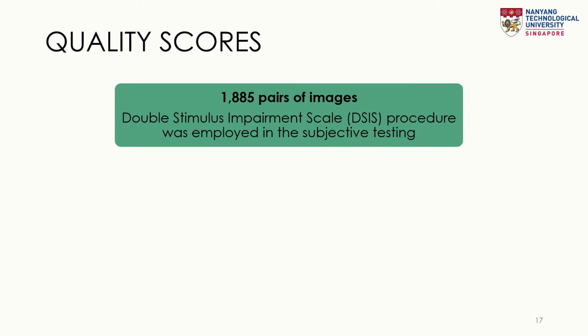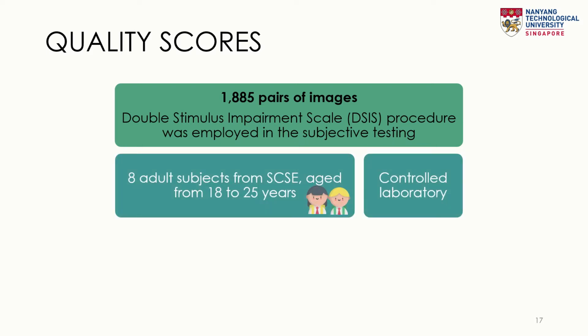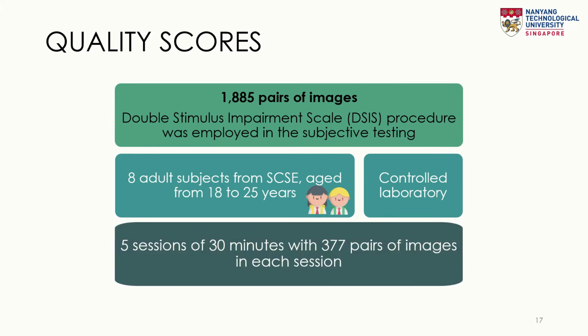With a total of 1,885 manually curated stylized images, a double stimulus impairment scale procedure was conducted in the subjective test. 8 subjects from the School of Computer Science and Engineering, aged from 18 to 25 years, were engaged. The subjective test took place in one of the school laboratories, and each evaluator used the same desktops with calibrated LED monitors.